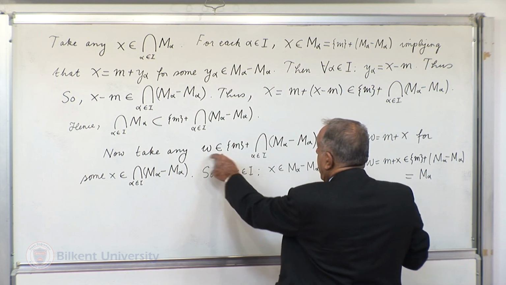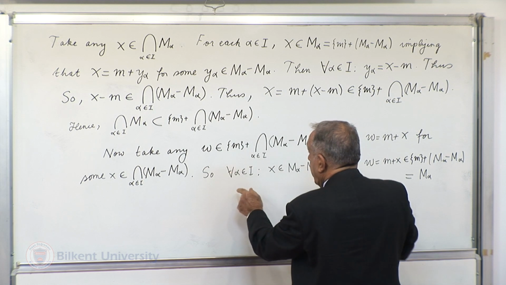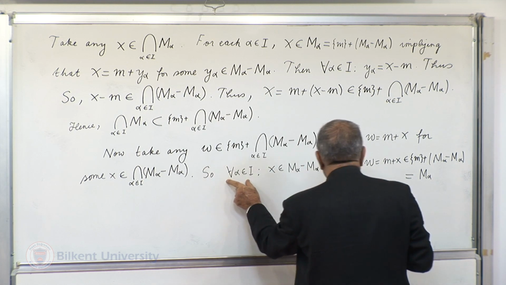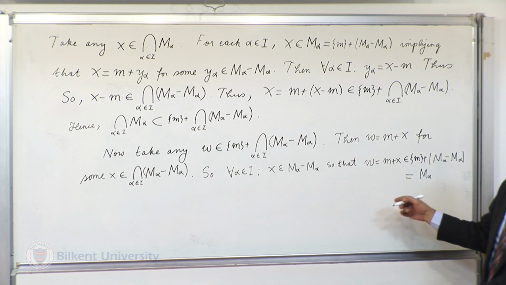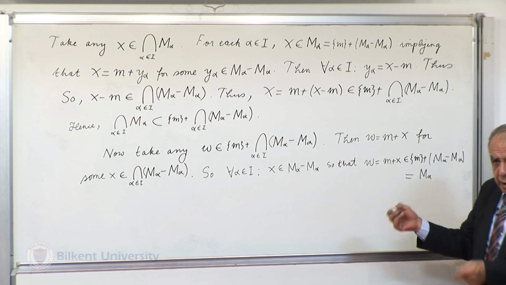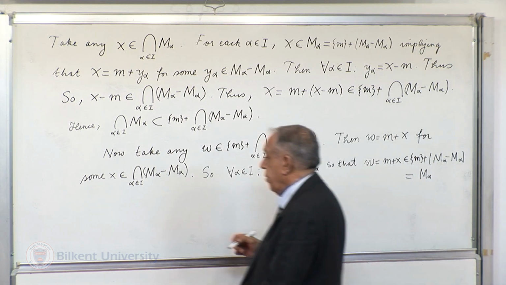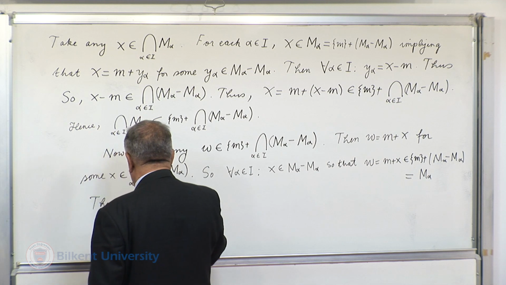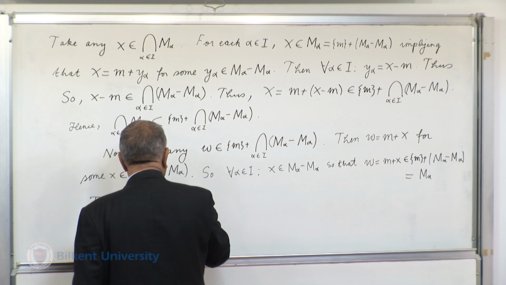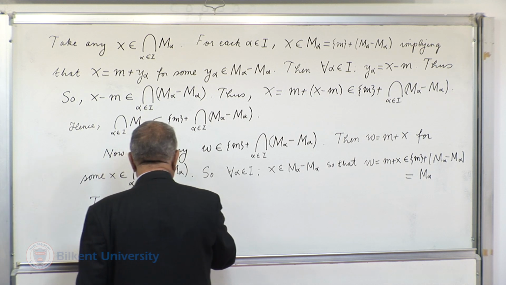But what have we shown? We have taken any w in here. We have shown for all alpha in I, it belongs to m alpha, which simply means that w belongs to the intersection of m alphas. Thus, w is in the intersection of m alphas.